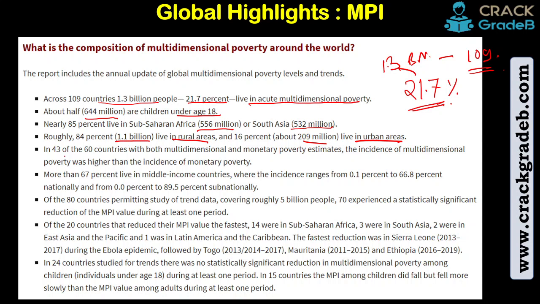Next one is, in 43 of 60 countries with both multidimensional and monetary poverty estimates, the incidence of multidimensional poverty was higher than the incidence of monetary poverty. Okay, means they are poor in terms of money is a fact. They are also poor in terms of the facilities, means they are deprived of those indicators.